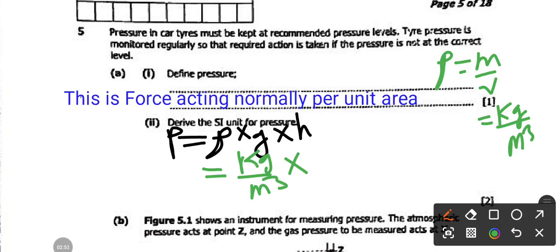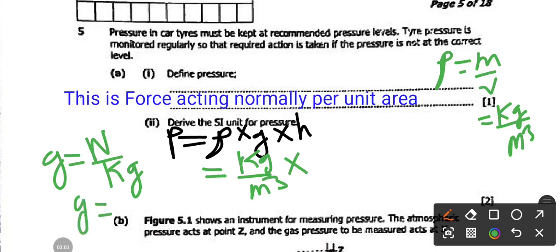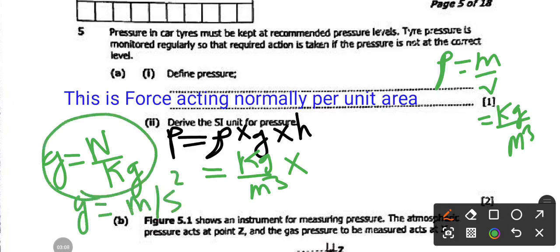The SI units for g, which is gravity, g is equal to newton per kg. G is also equal to meter per second squared. So in this case, we'll take this SI unit for gravity. So we place here newton per kg multiplied by h.